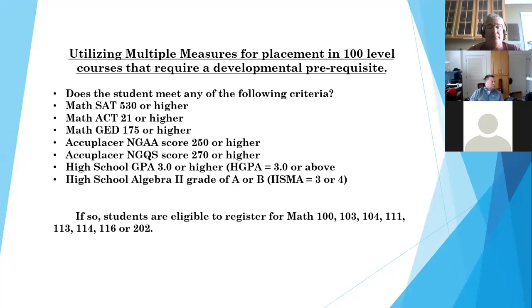It's a bunch of little bugs that we had to iron out. In fact, we talked about students with a high school algebra grade of A. If they're in 9th grade, they're probably going to have an SAT of 530 or higher in math, or their GPA is going to be higher than 3.0. There are a lot of these measures that will also come into play. We even discussed the exact graduation day. We had a lot of discussion, but this is where we are at this point.